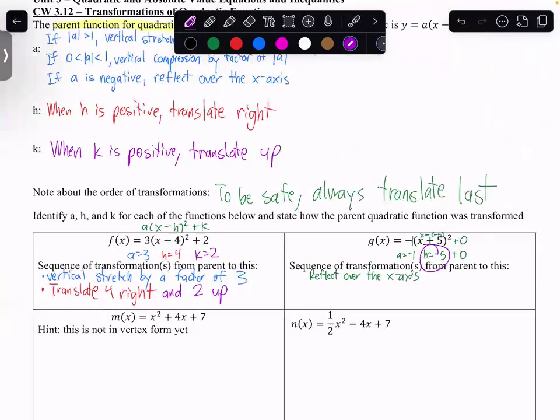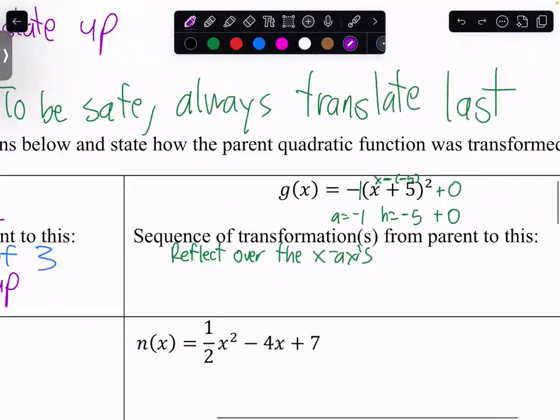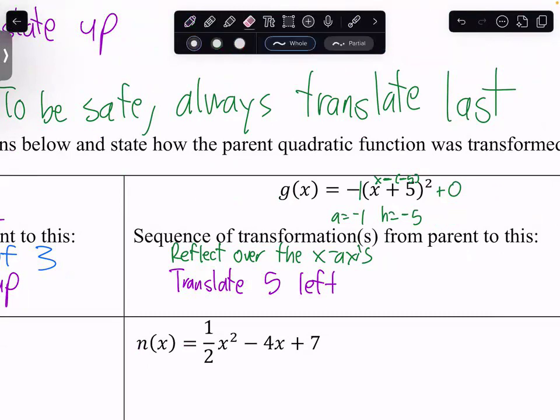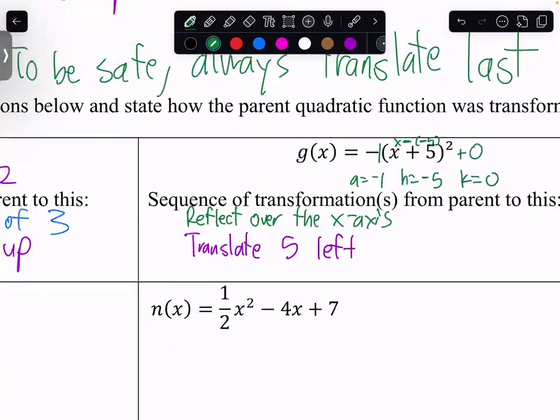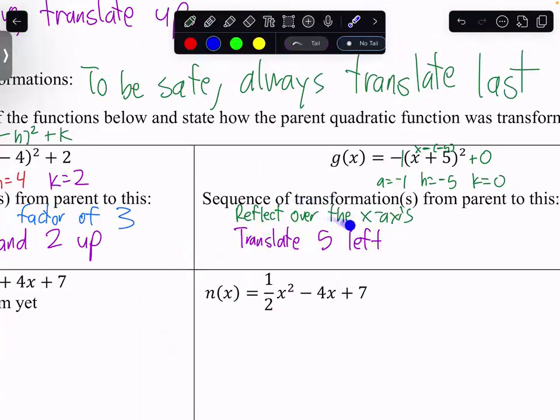Okay, so when h is positive, you go to the right. So here it's the opposite. When h is negative, you translate to the left. And then, k is 0. Well, that means you go 0 up or down, so you don't need to write it. Okay, so yeah, just 2 steps for this one. Reflect over the x-axis and then translate 5 left.